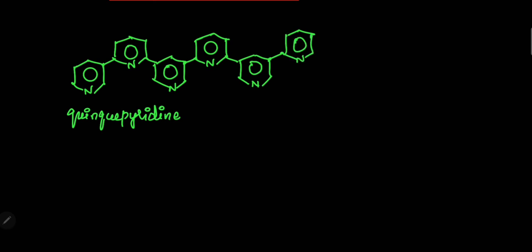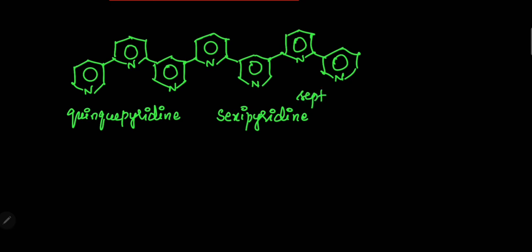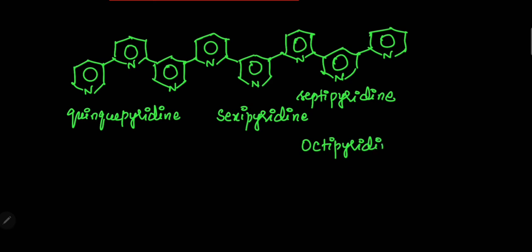If we have 6, sexipyridine, 7, septipyridine, and this will continue for 8 units, octipyridine, and so on. So these are the different types of prefixes.